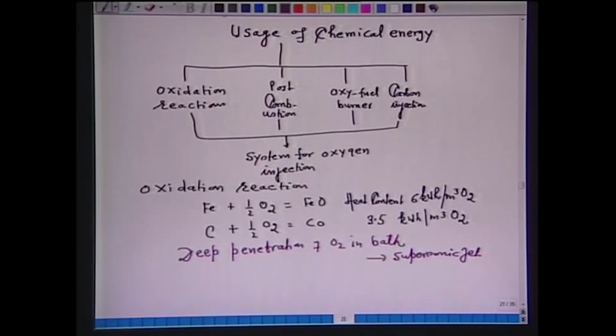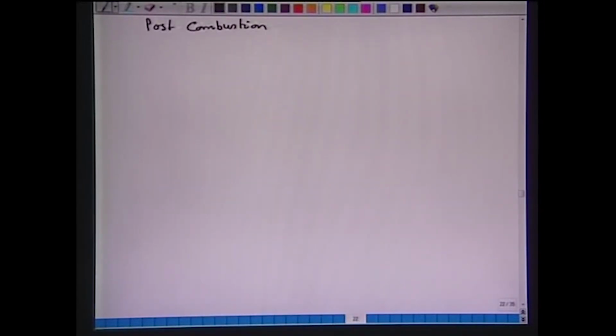Now, let us see another. Post combustion, as we have seen in the case of BOF steel making, involves the oxidation of carbon monoxide or hydrogen if they are present in the exit gases in the freeboard of the furnace, so that the heat which is created in the freeboard can be utilized for heating the scrap or slag or metal, whatever the case may be.